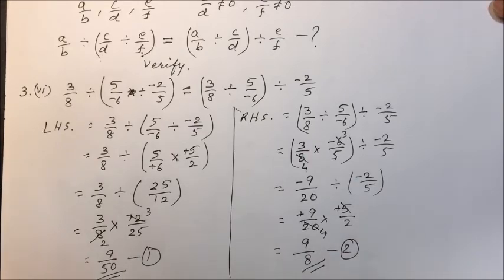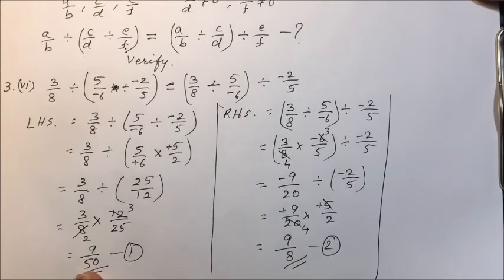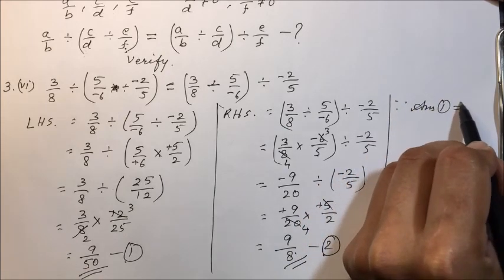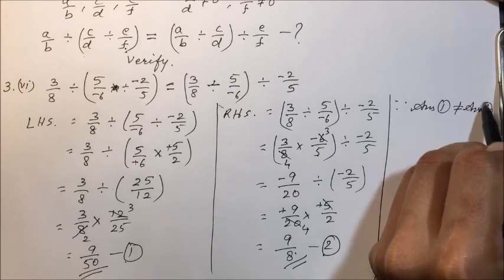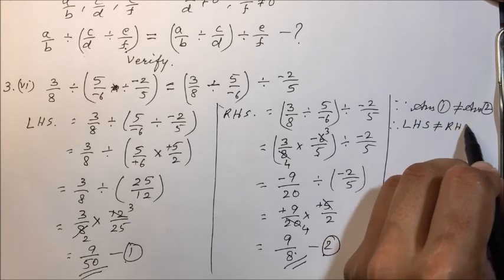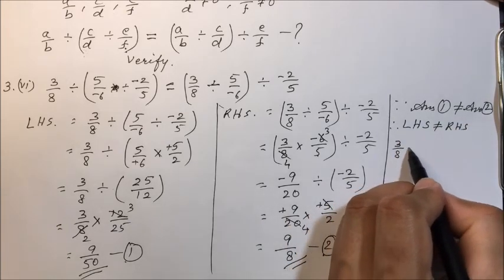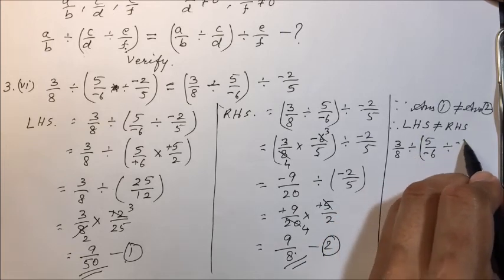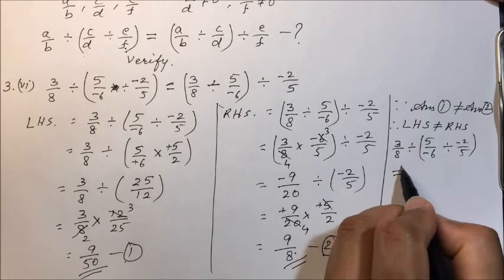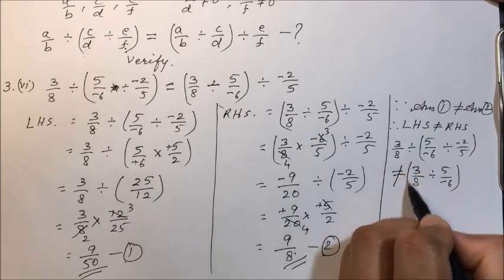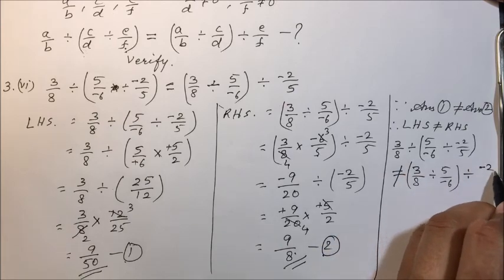Now we can see answer first and answer second, they are different. Since answer first not equal to answer second, therefore LHS not equal to RHS, or we can say 3 upon 8 divided by 5 upon minus 6 divided by minus 2 upon 5, this in bracket, not equal to 3 upon 8 divided by 5 upon minus 6 in bracket divided by minus 2 upon 5.